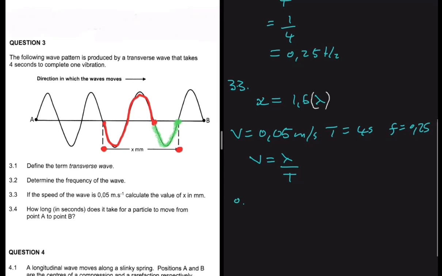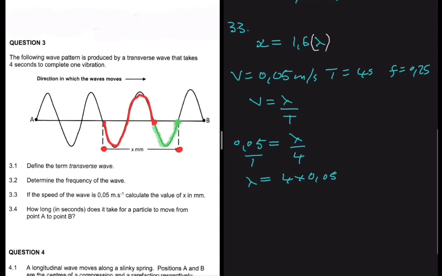The velocity is 0.05, and then the wavelength is what we're looking for, and the period is 4 seconds. We can go ahead and cross multiply. So we're going to have wavelength being equal to 4 multiplied by 0.05, which is equal to 0.2 meters. So wavelength is equal to 0.2 meters, right?